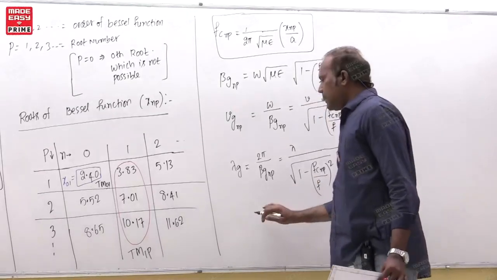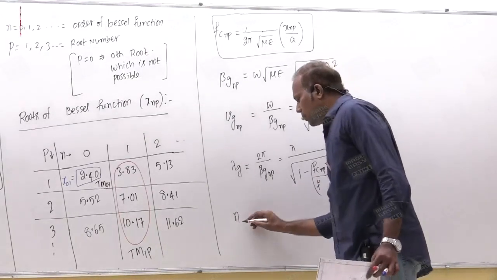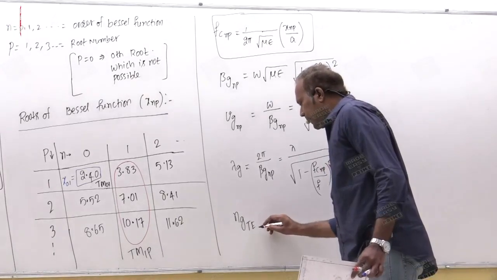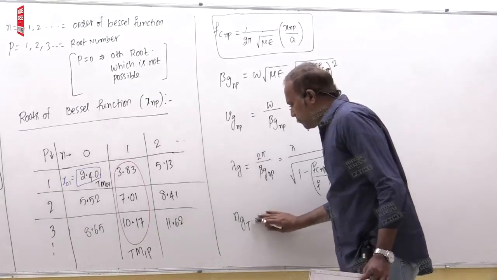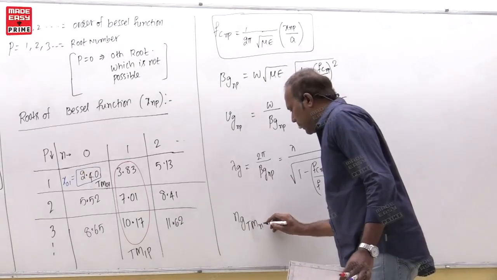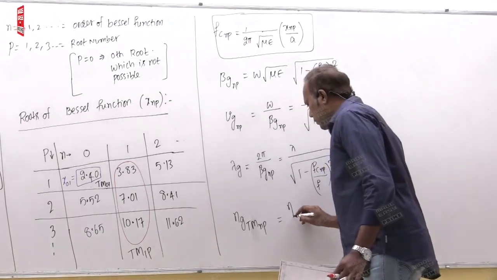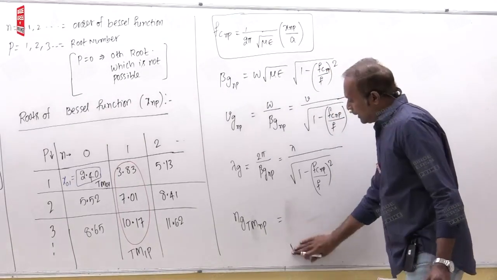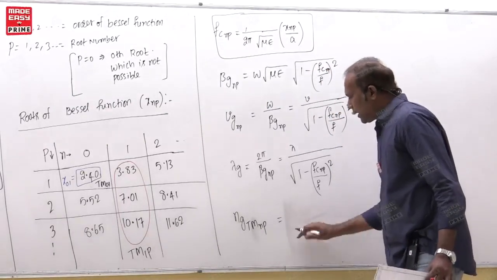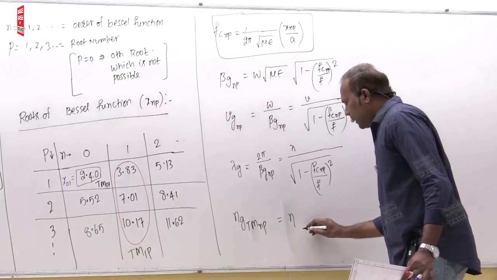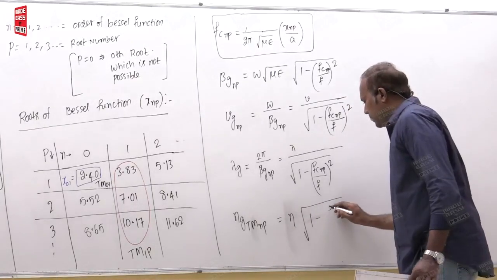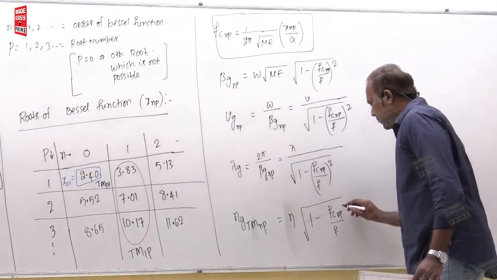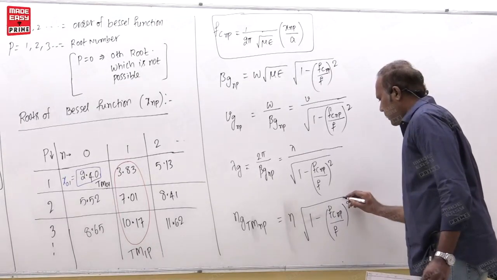Now this is the changing formula compared to TE mode. Eta G for TM NP mode is equal to eta multiplied with, in the TE mode it is in the denominator, in the TM mode it is in multiplication, root of 1 minus FC NP divided by F square.